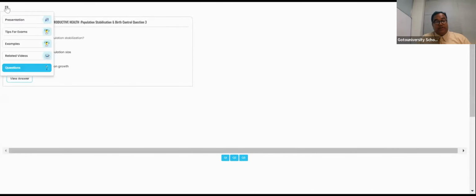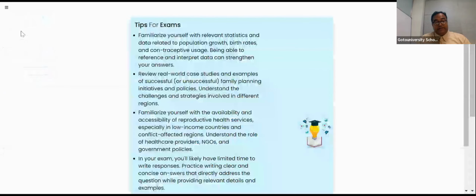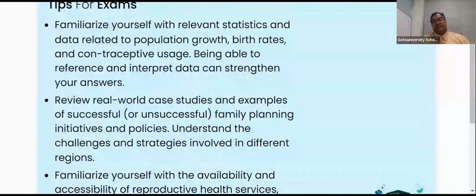Okay, now we are entering into the worked examples. We already narrated, so we are going for tips for the exam. In these tips for the exam, calmly listen to us. Here, statistics and data related to population growth and birth rate. So what type of statistics? For example, in this pandemic area, this type of population control is advisable.